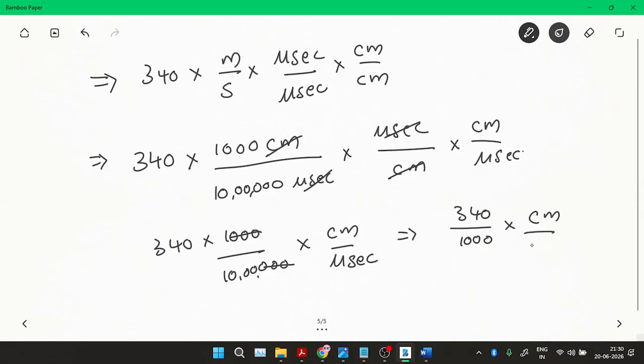Multiplied by centimeter by microseconds. So again, these will be calculated. No, somewhere I made a mistake.